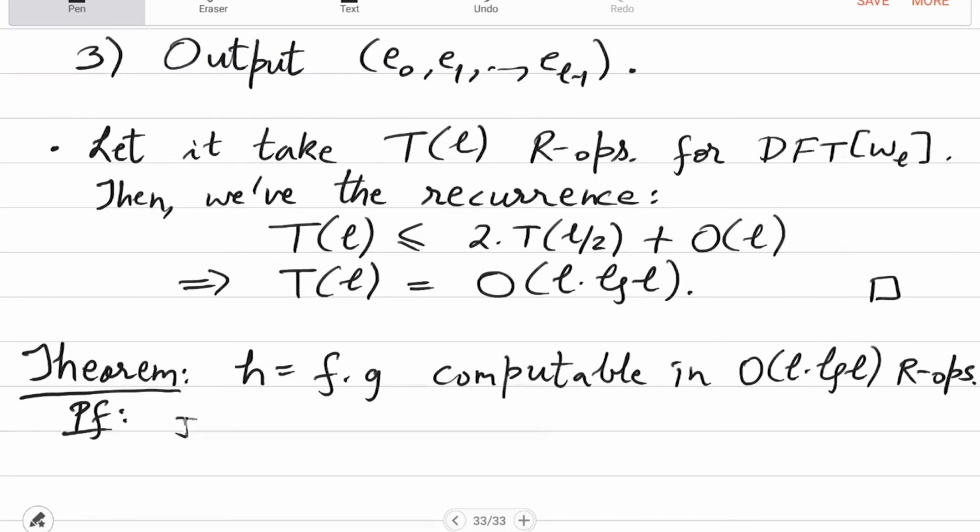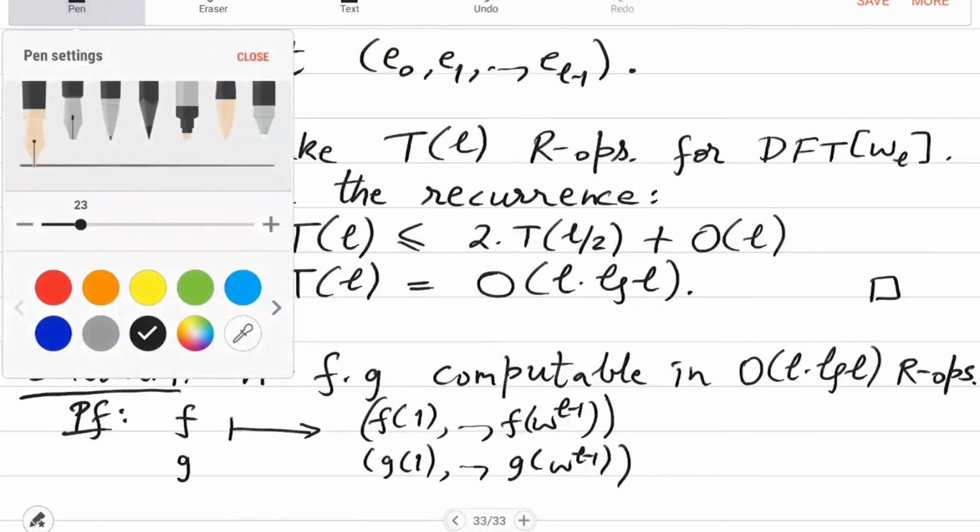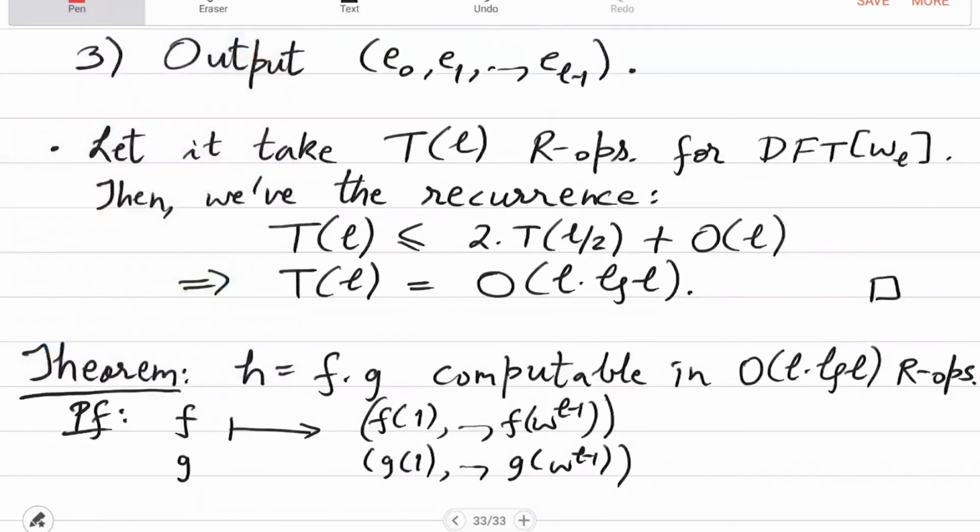So you take f and you do DFT, so you will get f at 1, omega, up to omega to the L minus 1, and on g you will get the same. So this one is DFT omega. So this step can be done in L log L by the previous lemma.